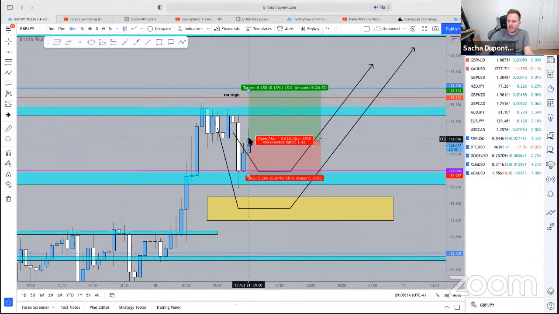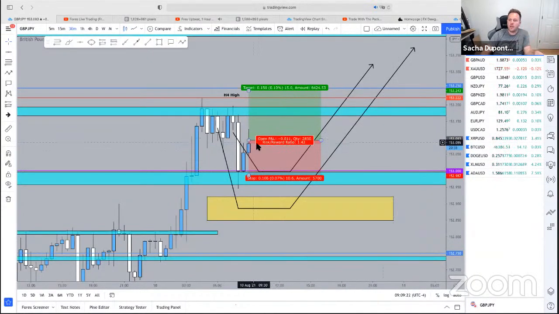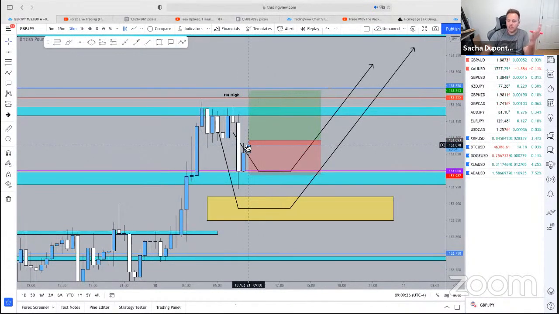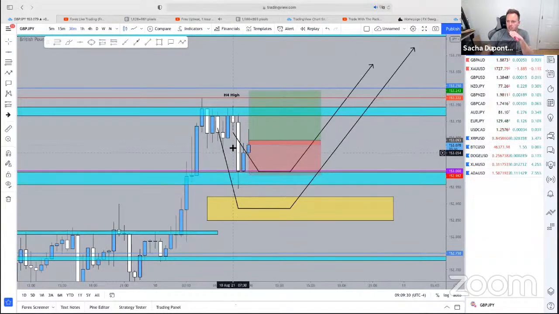Now I was explaining that if this candle starts to flip bearish, this is where I'm probably going to be exiting my trade or closing 50%. The reason is I took an impulse entry. When you take an impulse entry, you're expecting price to continue in the same direction. You're not expecting price to retrace and come back to your entry.